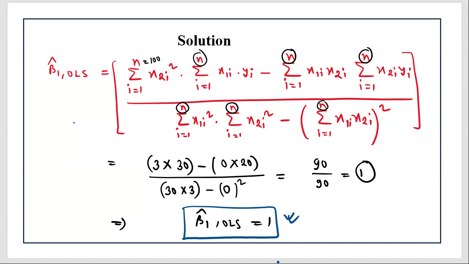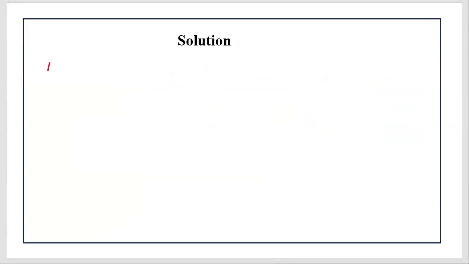Now, in the similar fashion, we have to find out what will be the slope parameter beta 2 cap OLS. Again, you can pause the video and think for yourself what the formula was. The formula was this. N is 100 here, x1i square. Now, it will start from x1i. In that video, I have also given you the tips on how to remember this formula.